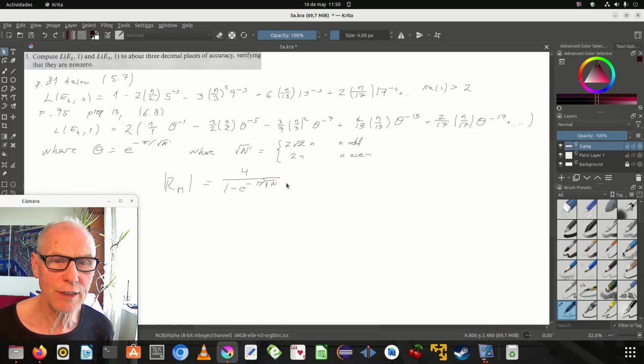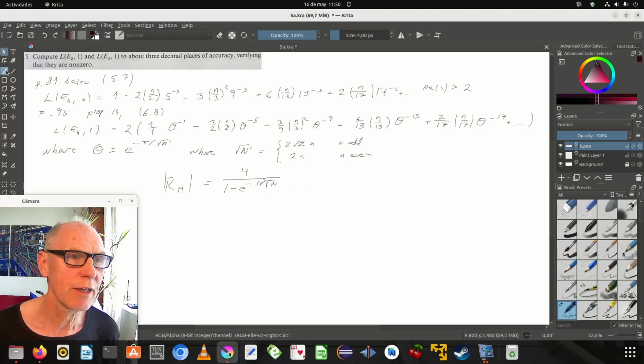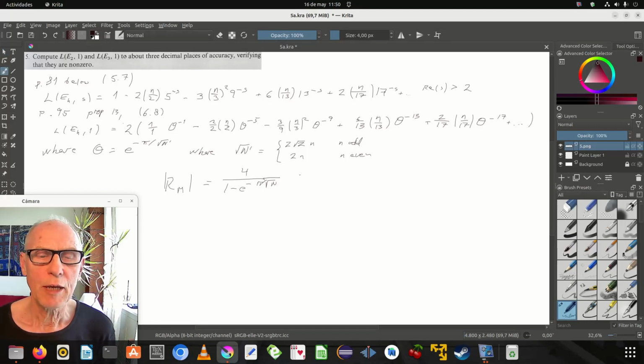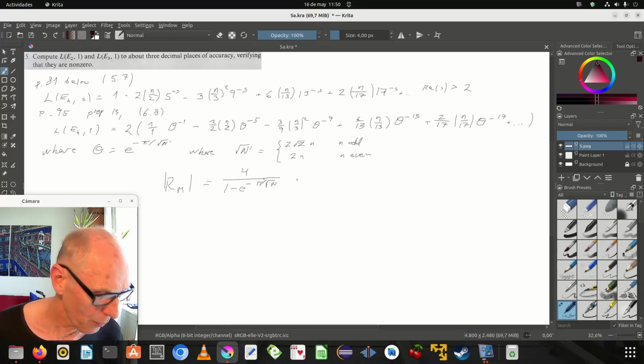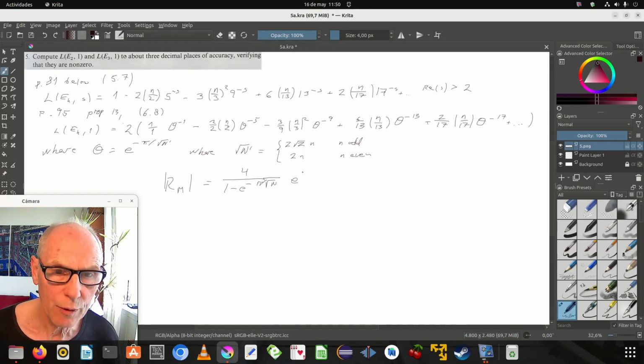So I'll just write this up as I think it is, and then I will make a break, check it, and then solve it in Maple. That's square root n, isn't it? Like up here.